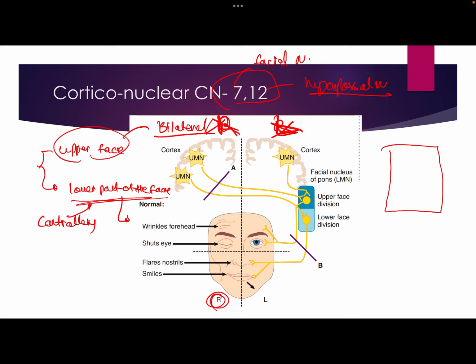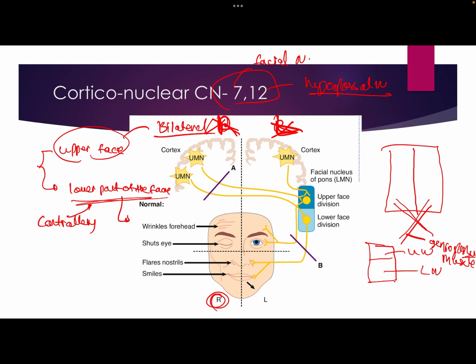Again, the cranial nerve 12 nucleus can be divided into two types, the upper nucleus and the lower nucleus. Now, this is the genioglossus muscle. The function of the genioglossus muscle is that it moves the tongue.